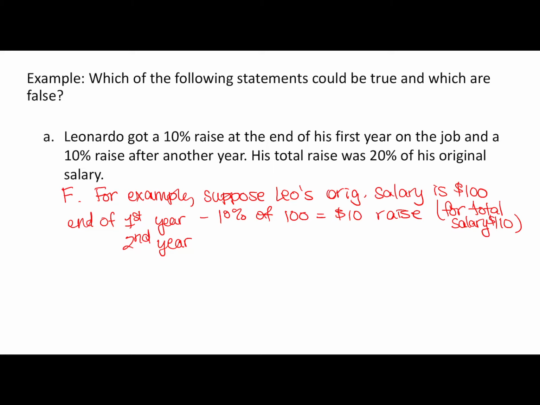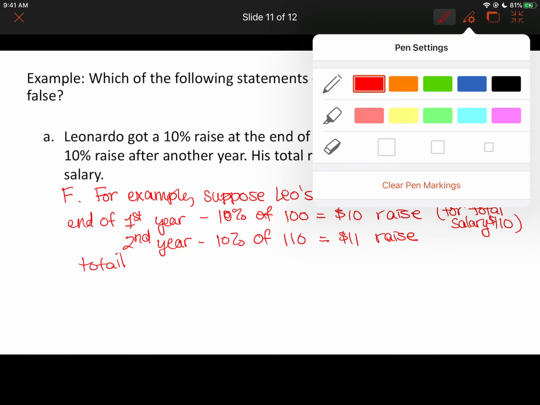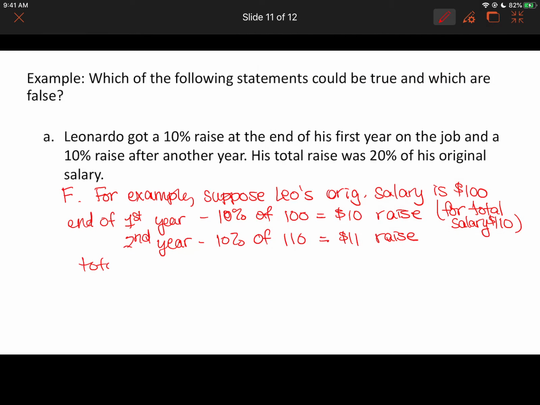So at the end of the second year, he gets 10% of 110, which is going to be an $11 raise, for a total raise after 2 years of $21, which is not 20% of 100.